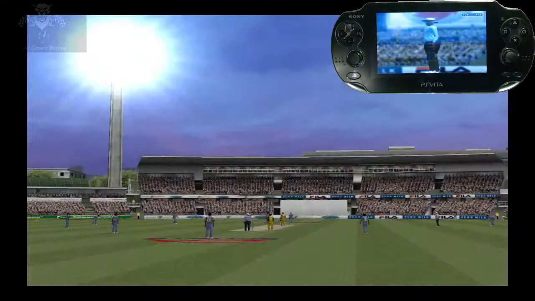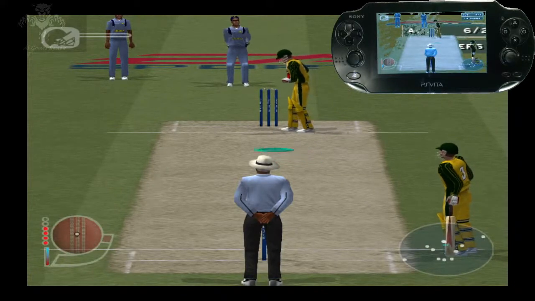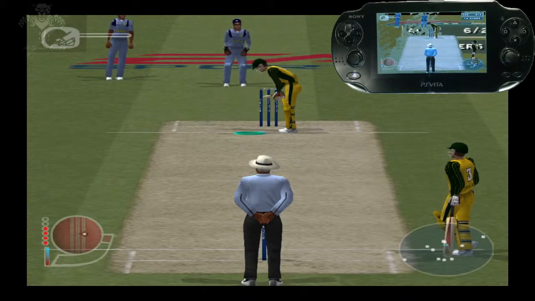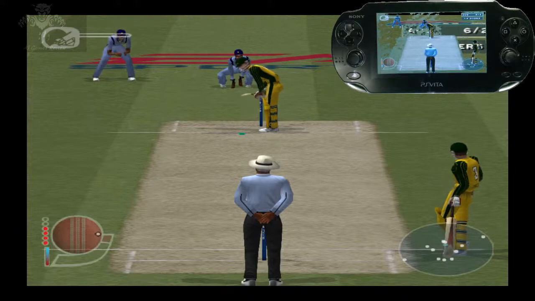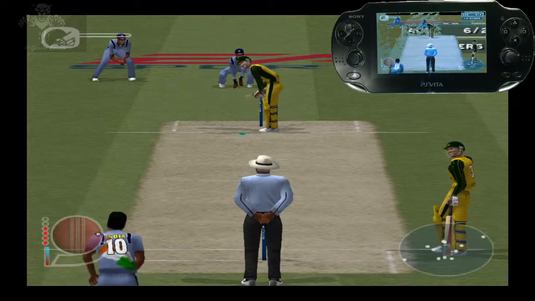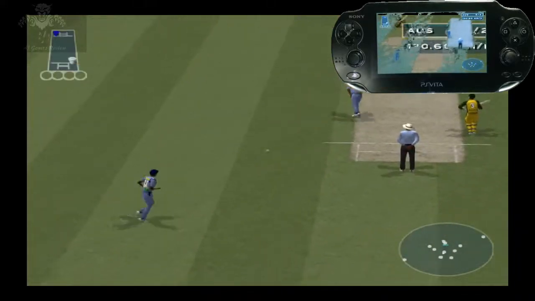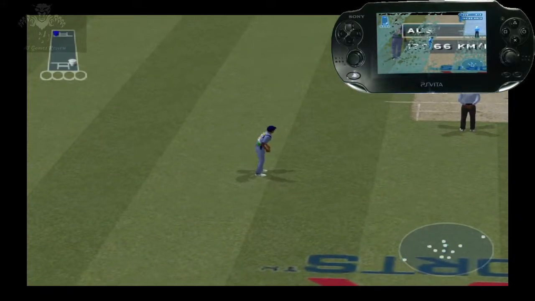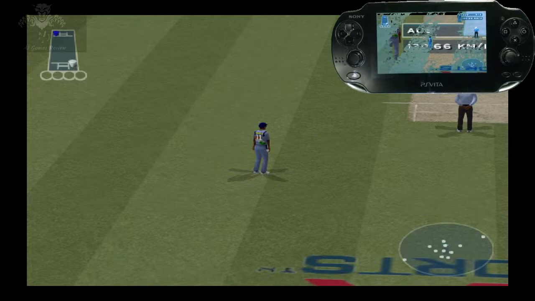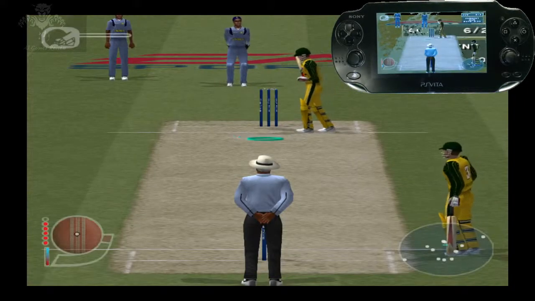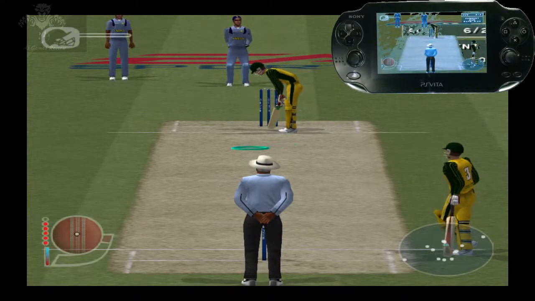Wide ball signalled by the umpire. You can't get away with any width in one-day cricket because the umpire will call you for a wide. It's straight at Nehra. Martin waiting at the striker's end.